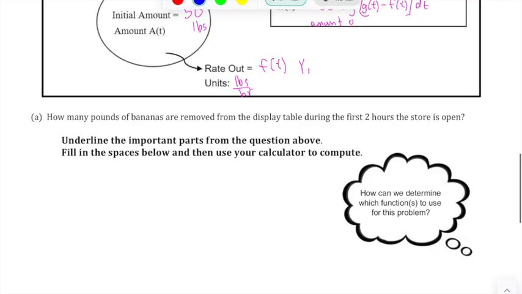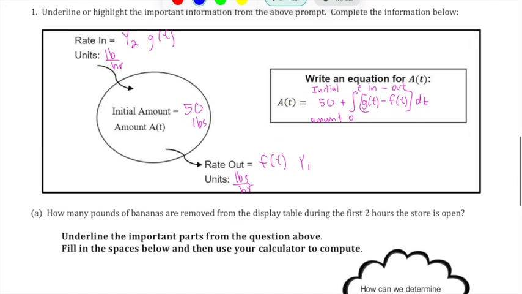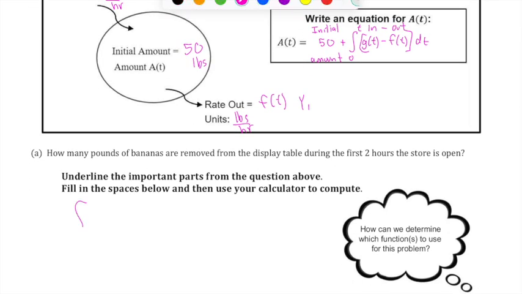How many pounds of bananas are removed from the display table in the first 2 hours after the store opens? This question is going to involve the function f of t. Basically I want to find the integral from 0 to 2 of f of t dt.